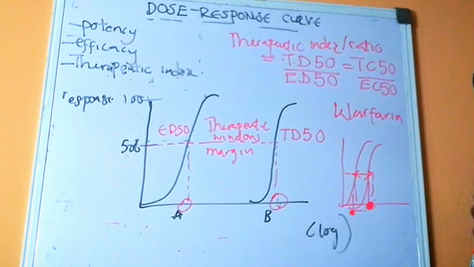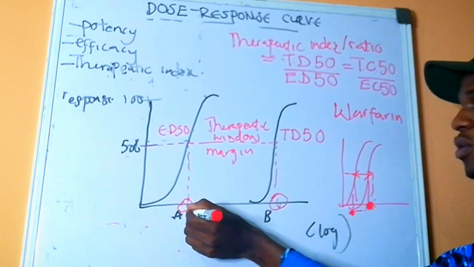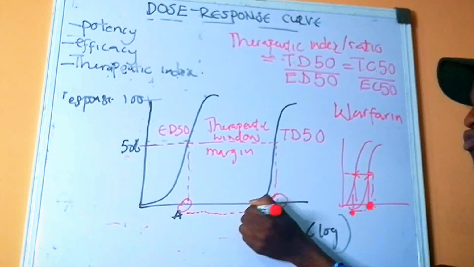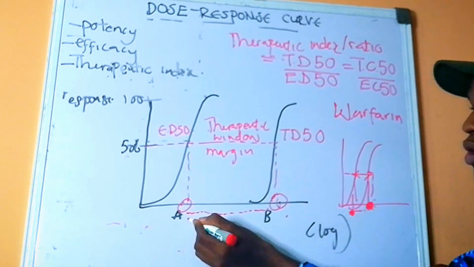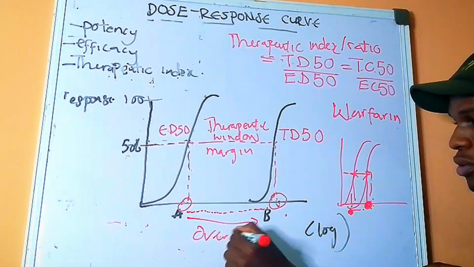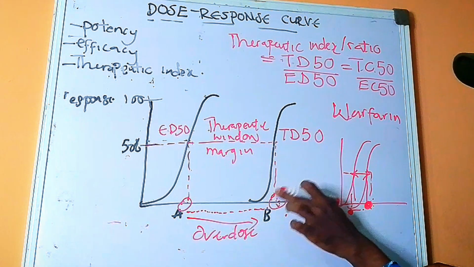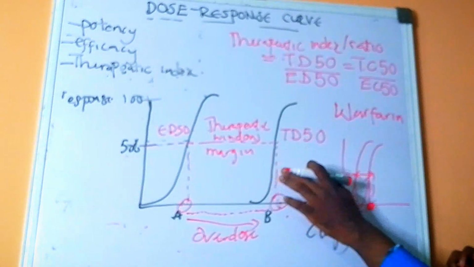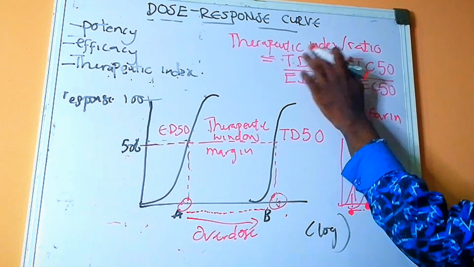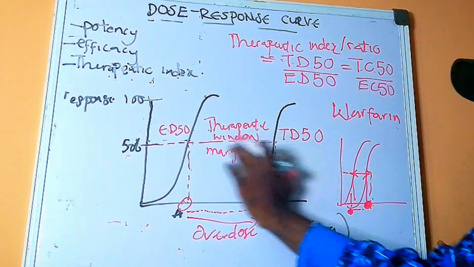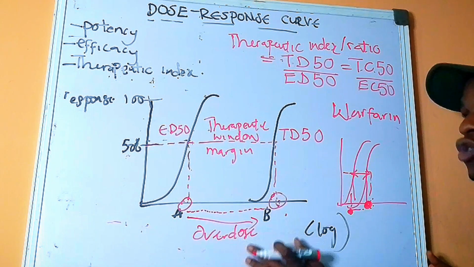But if you have a drug like, let's say, some safe antibiotics, it will take you a very long time to reach a toxic dose. You have to have an overdose to reach a toxic dose. Then we say that this particular drug has a high therapeutic index, or a normal therapeutic index, and it is safe to use.